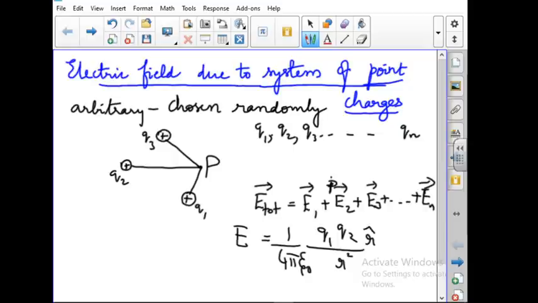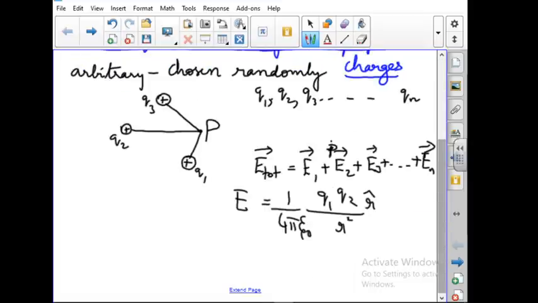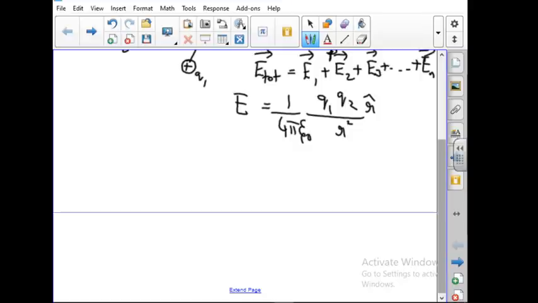If it is a point P, instead of two charges, if only one charge is kept, then we can write this equation as 1 by 4 pi epsilon naught Q by R square into R cap.